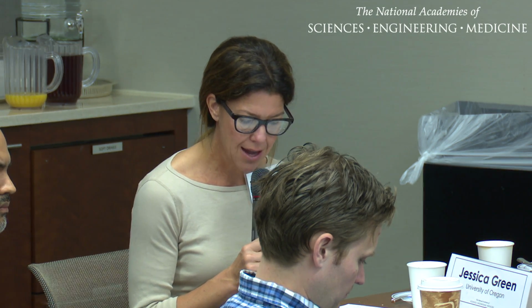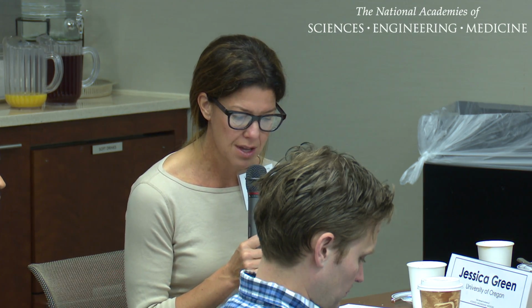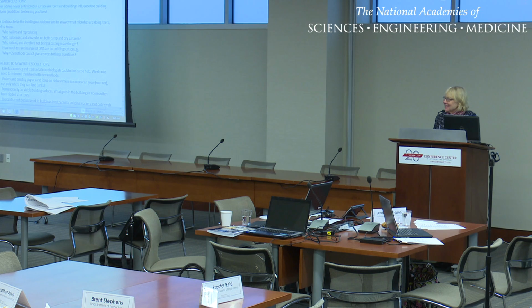And the fifth question was, can we mathematically model built environment microbiomes in a more rigorous way, similar to what's being done in physics and chemistry, so that we can respond to all the questions that we outlined before that? Thank you, Jessica.